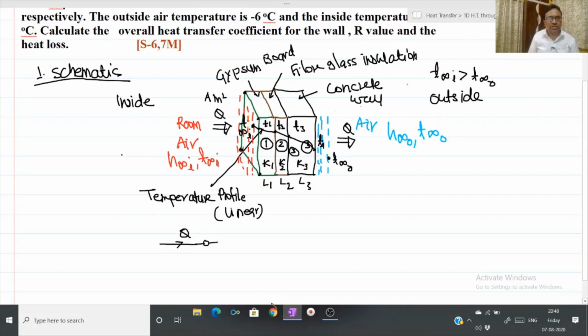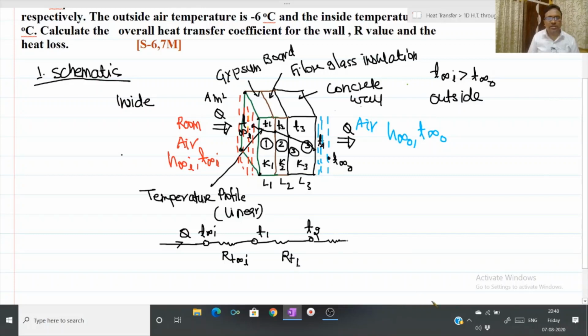First, thermal resistance will be offered by hot fluid between temperature T infinity I and T1, and this will be convective thermal resistance represented by RT infinity I. Second, thermal resistance will be offered between temperature difference T1 and T2 by gypsum board. It will be conductive thermal resistance represented by RT1.